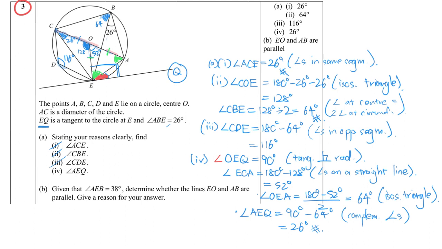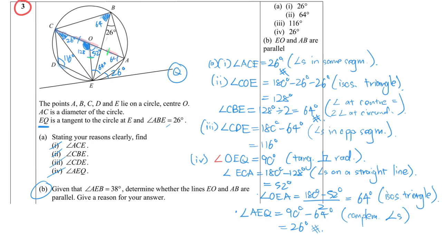Right, last but not least, given that AEB is 38, let's erase some of this very messy parts and put in the values. We have 26. We have 52, no, not 52, 64.